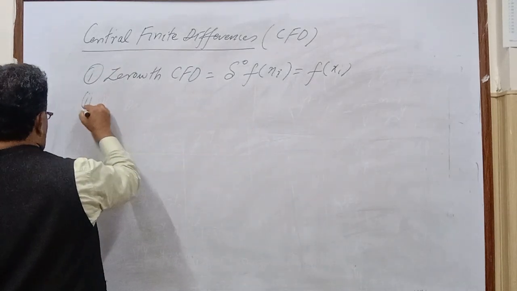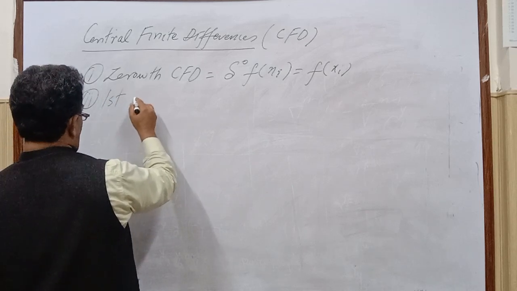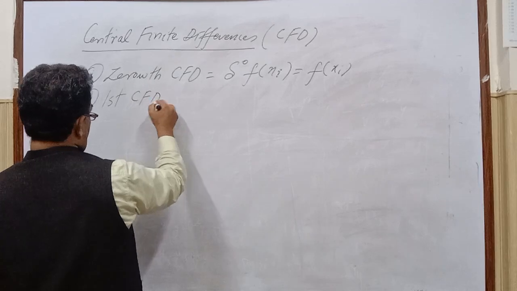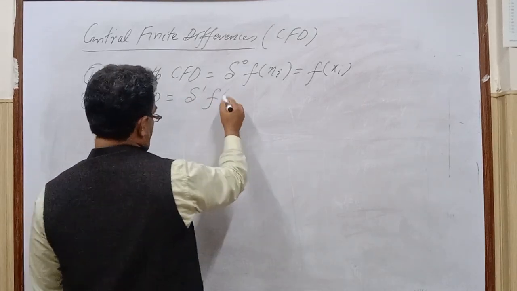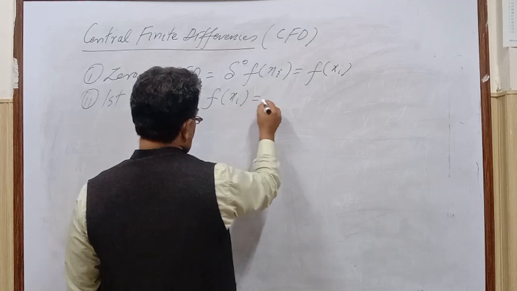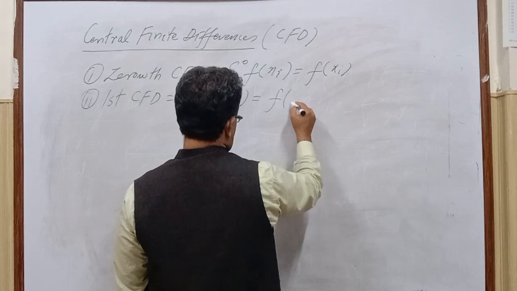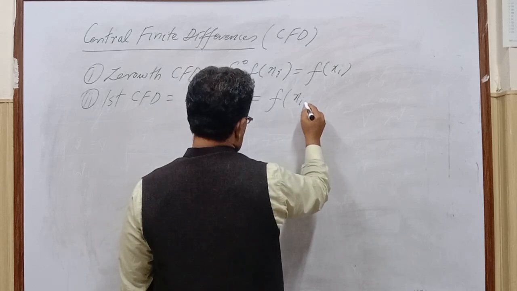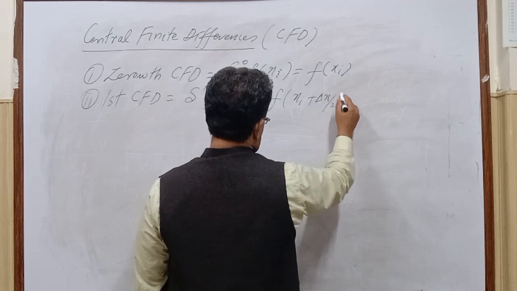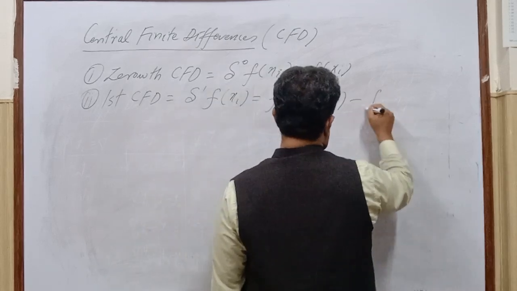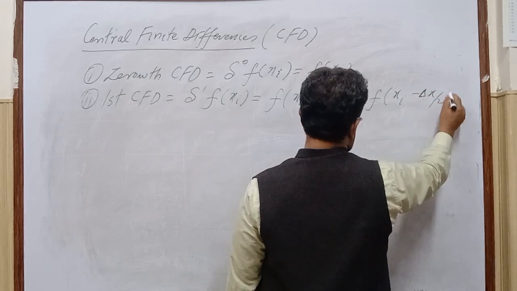Now, as in the case of FD and BFD, the first CFD is written as delta 1 f of xi. That means we change the value of xi by a certain amount in the forward direction, delta x by 2, let's say, and subtract the value of the function at xi minus delta x by 2.